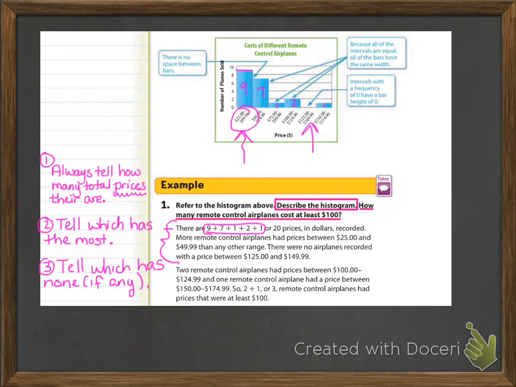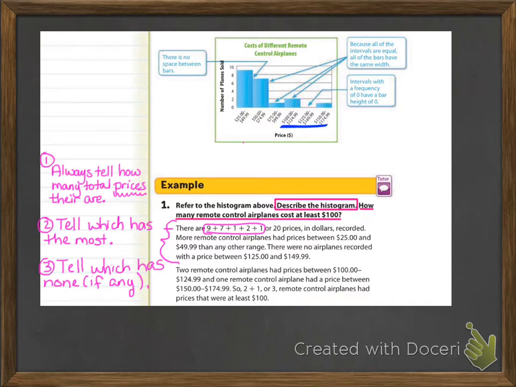So the second part of the question asks, how many remote control airplanes cost at least $100? All right, so this is important that you guys understand how to interpret this. Now, it's not saying how many cost exactly $100. It's saying how many cost at least $100. So when you're looking at your graph here, this is where the $100 range starts right here.